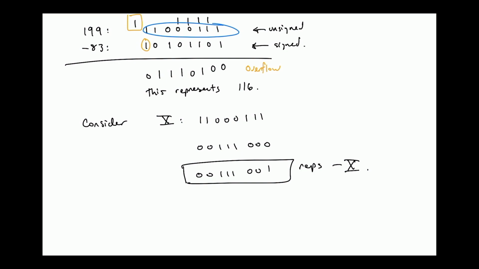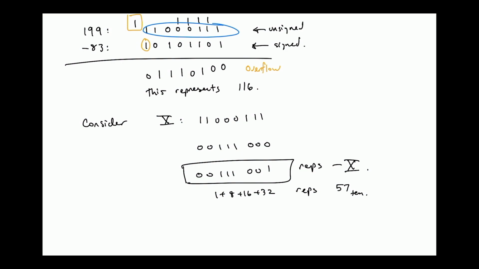Well, I've got a 1, no 2s, no 4s. I've got an 8, a 16, and a 32. So what does that all add up to? Let's see. 8 and 32 is 40, 56, 57. So do we buy that that represents 57?